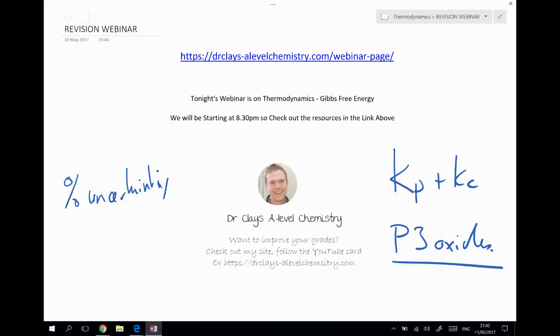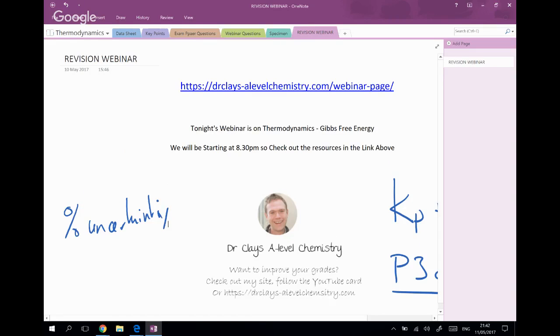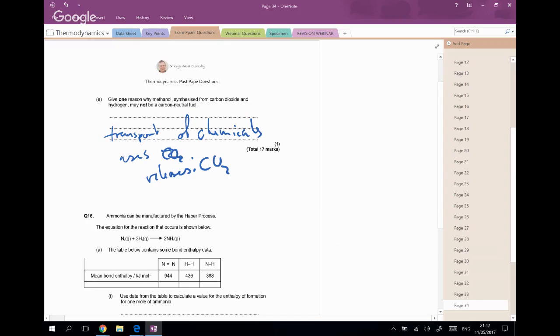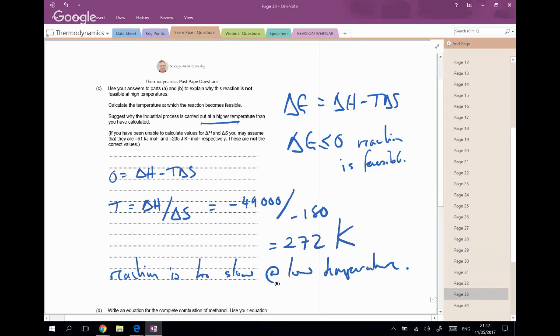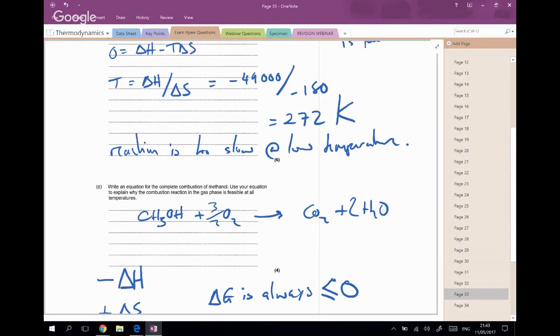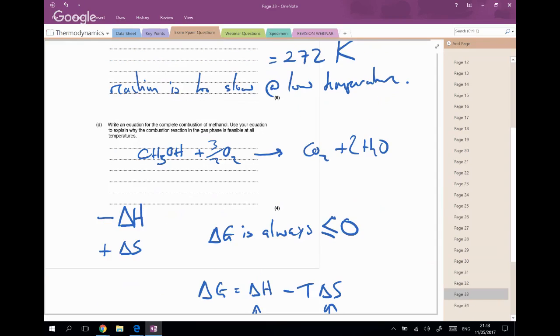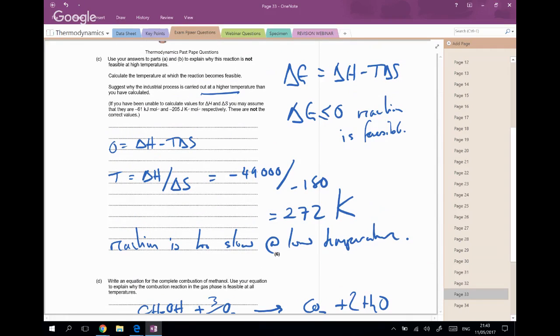Sorry, said, can I answer the first bit? Did I miss a question? Use your answer to explain why. I missed a question, did I? I don't think I did. I think I got it. Part of the long question. Use your answer part A and B to calculate why this reaction is not feasible at high temperatures.